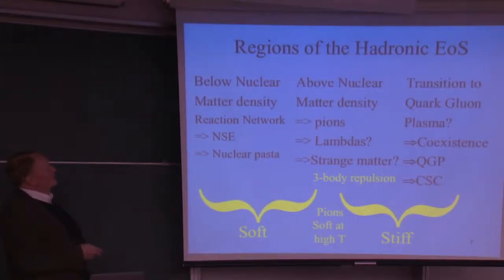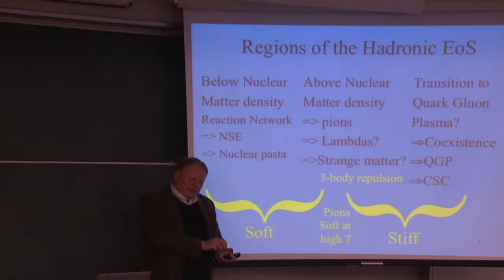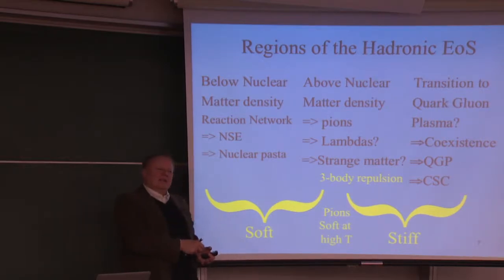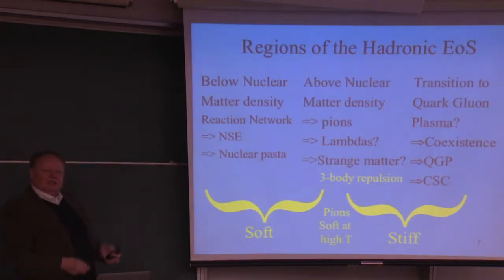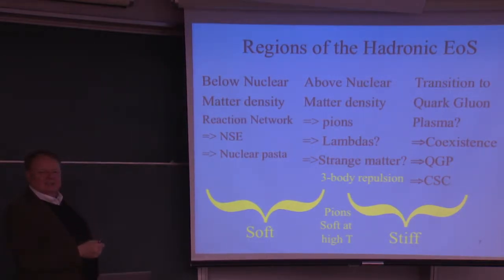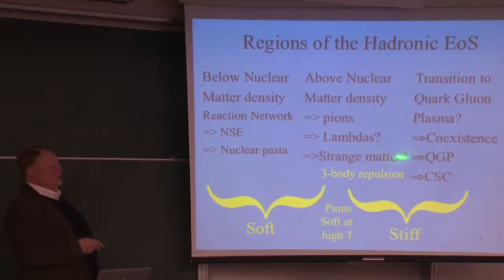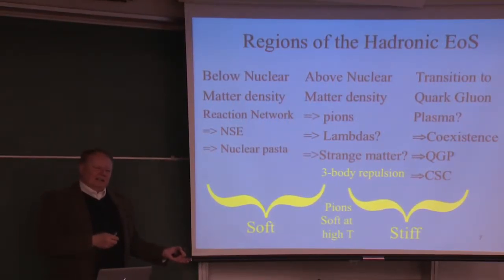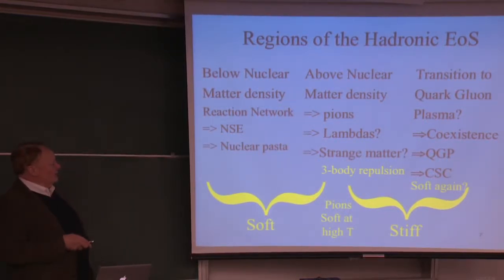Now, there's another interesting problem. Inside that neutron star that's forming, the density keeps increasing until maybe even 10 times the density of a normal nucleus. If it gets that dense, then we think you can make a transition from normal nuclei to a plasma of quarks and gluons. That has some effects on the equation of state.